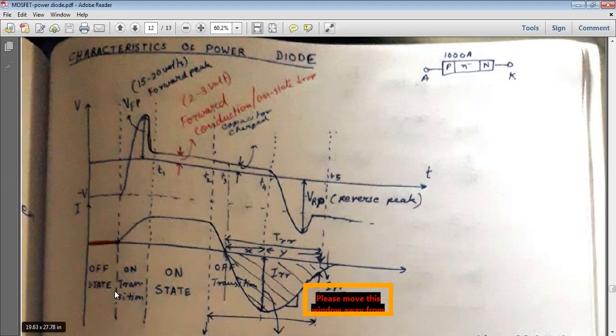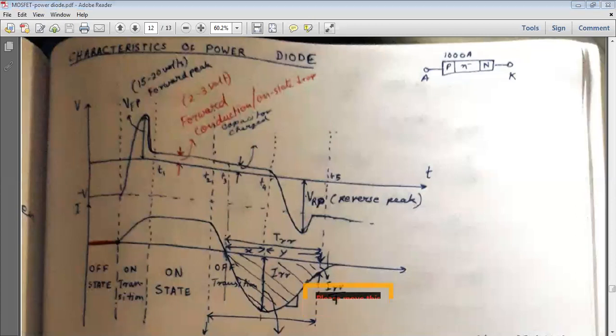Now after this injection, the power diode is acting like a combination of a rheostat and a capacitor. So now it will come to the transition period, which you can see in this picture as the on transition time.